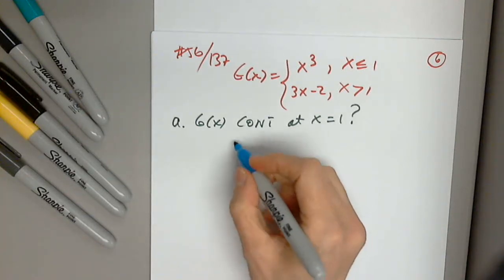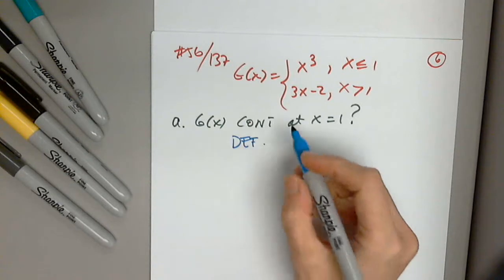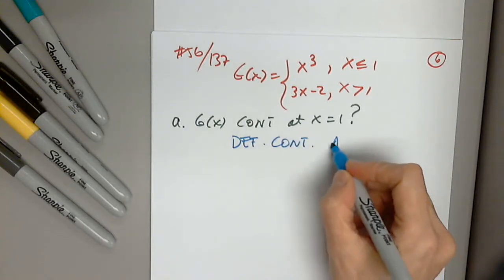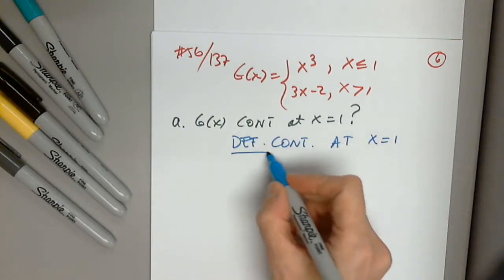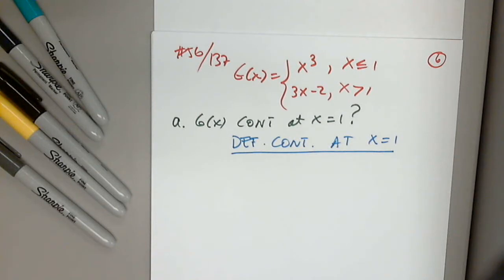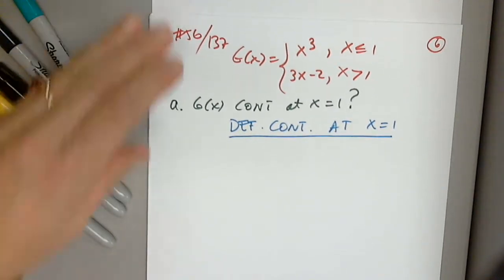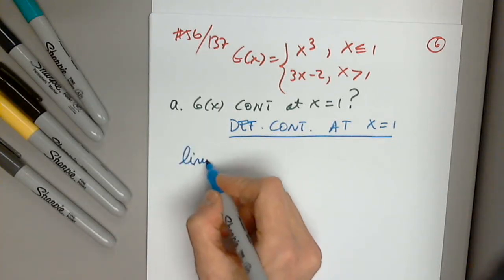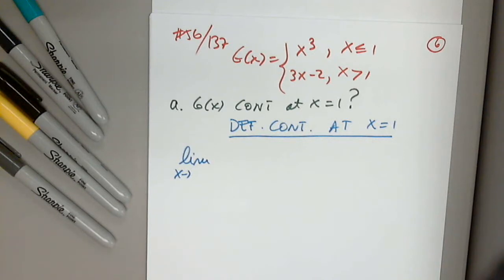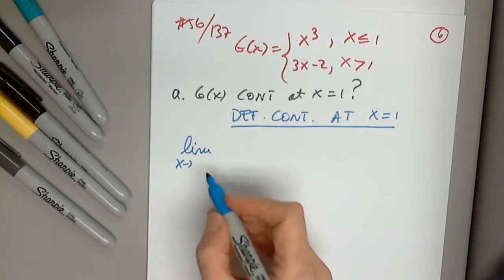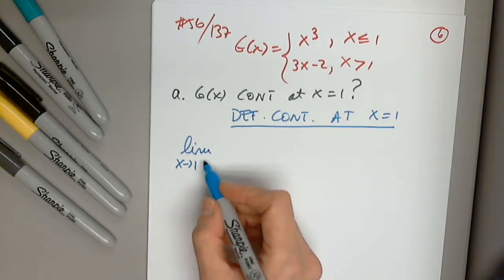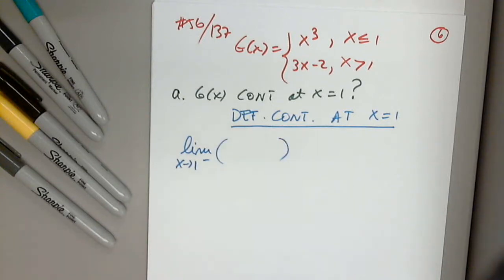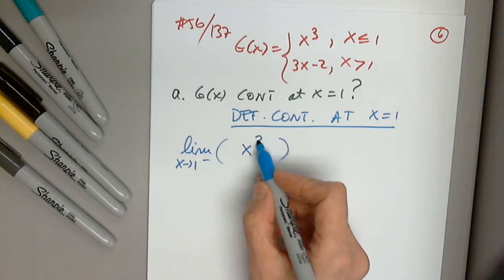I have the definition, please remember this, of continuity at a point. We can't forget this one. I think we wrote it like 4 times already. Let's write it again. So limit as x approaches 1 from the left, from what? From x cubed. Excellent.